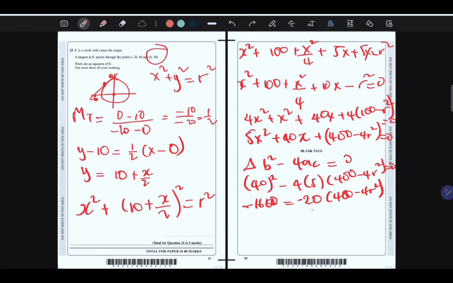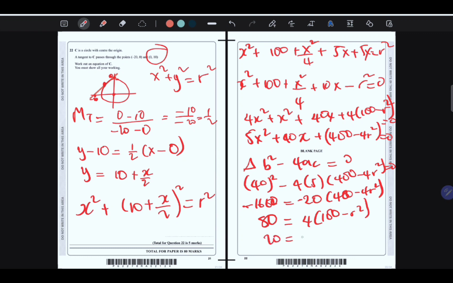I was leaving it this way so it'll be easier for me to divide. So negative 1600 divided by negative 20 is going to be 80 equal to 4 into (100 minus r squared), divided again by 4.